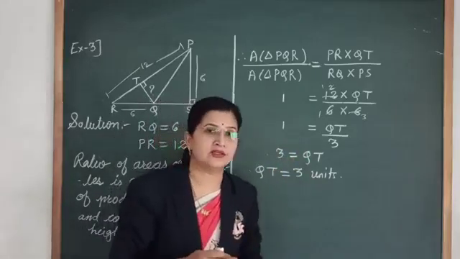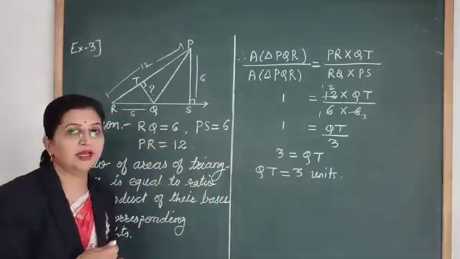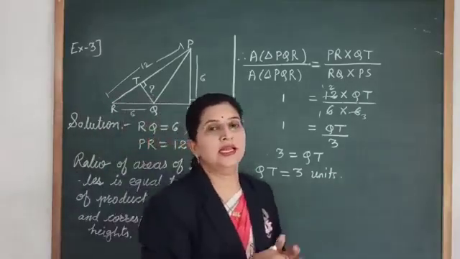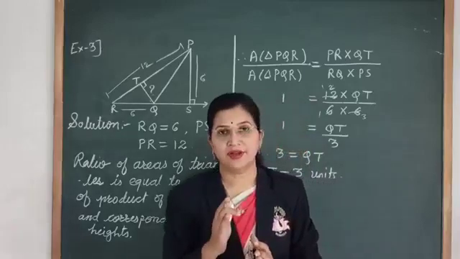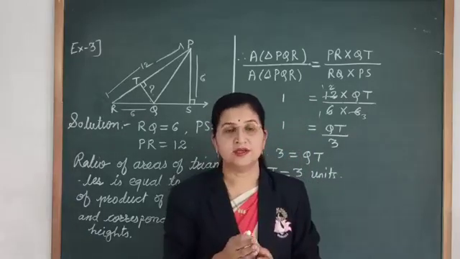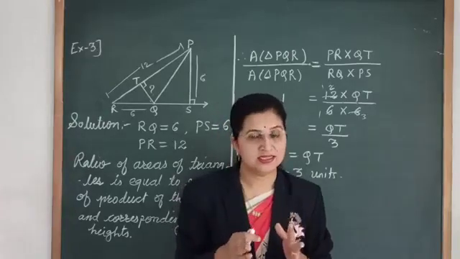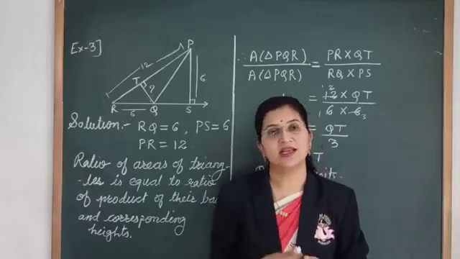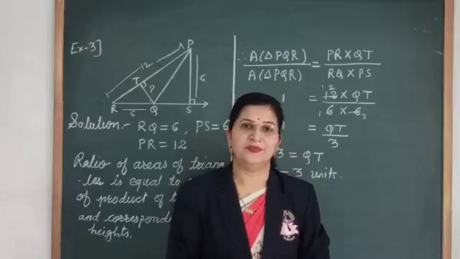So in this way, by using the properties of ratio of areas of triangles, we have found the length of QT. Okay. So dear students, in this video, we learned how to find the ratio of areas of triangles when the bases are the same, when the heights are the same, or when both are the same. Okay. And we have used these properties to solve the examples. I hope all these things are clear to you. Thank you.